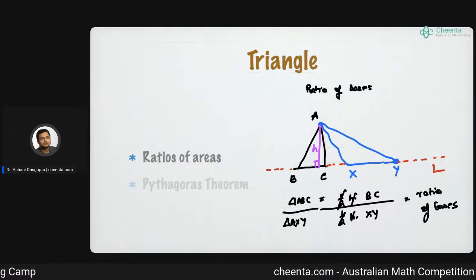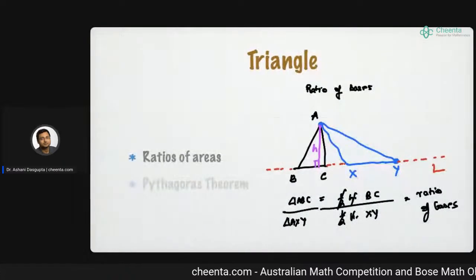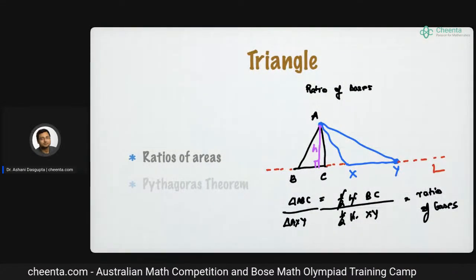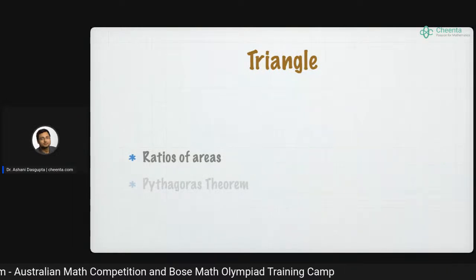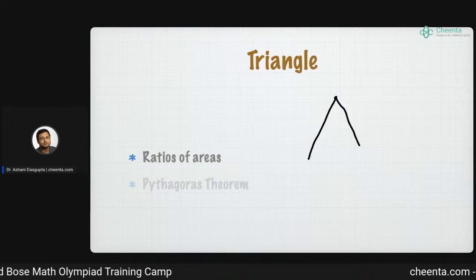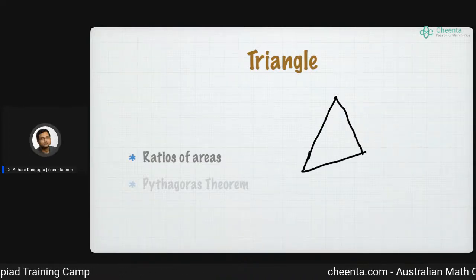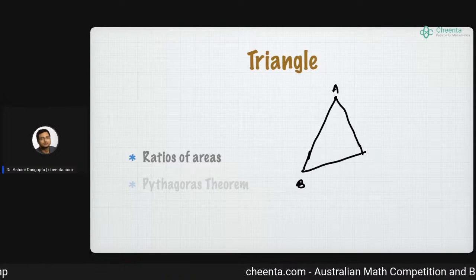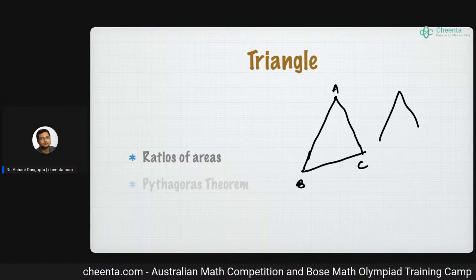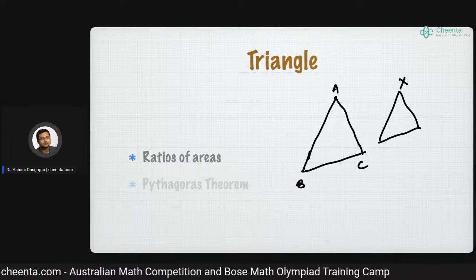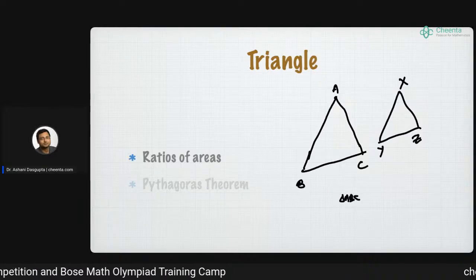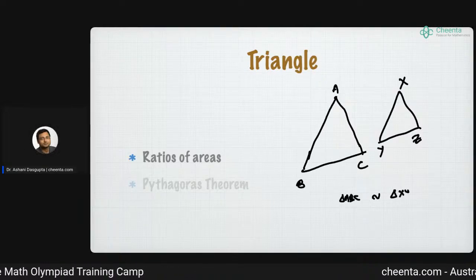There is another thing that we would be interested in. How does the ratio of areas of similar triangles work? That's another important piece of mathematics that might be useful. So if you have two triangles, let's say ABC and XYZ, and triangle ABC is similar to triangle XYZ.